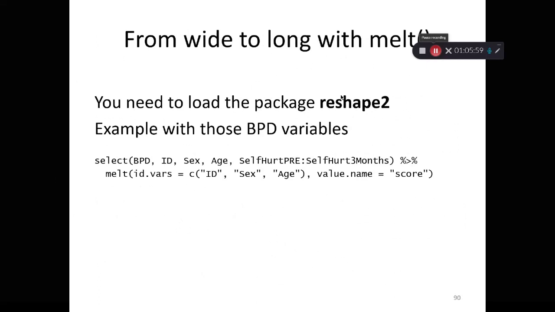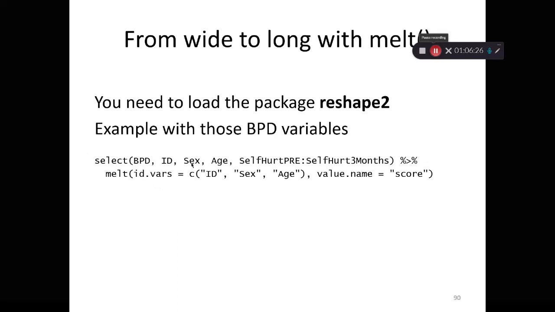For example, let's try to use melt for creating a data set that includes the ID, the sex and the age of a participant, and then the self-heart before, after the manipulation, after 1, 2, and 3 months. If you want to do that, we need to select the relevant variables. We pipe them into melt.